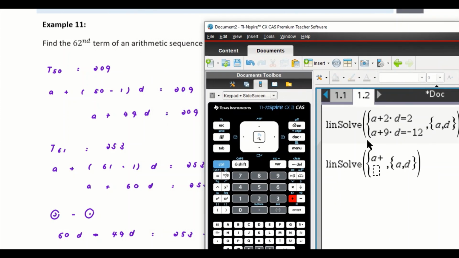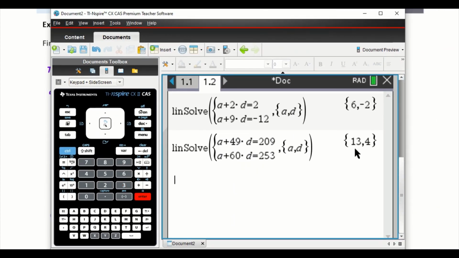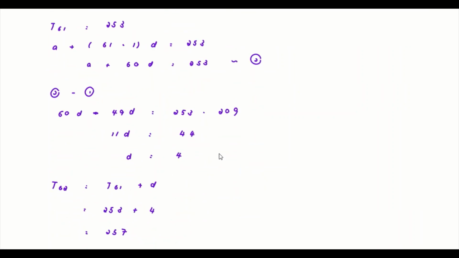So a plus 49d is equal to 209. Then after that a plus, oops, sorry for that, a plus 60d is equal to 253. Then after that just enter, then you will see 13 and 4. So it's aligned to our answer 4 here.